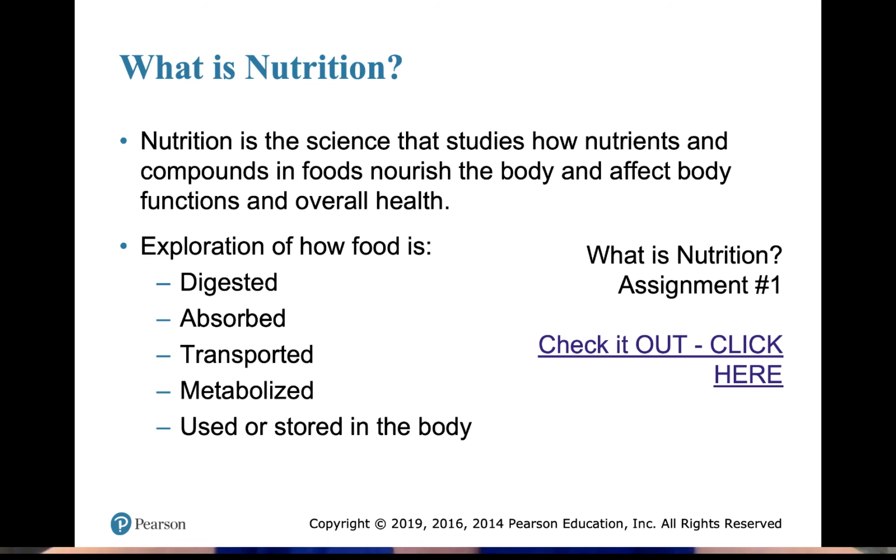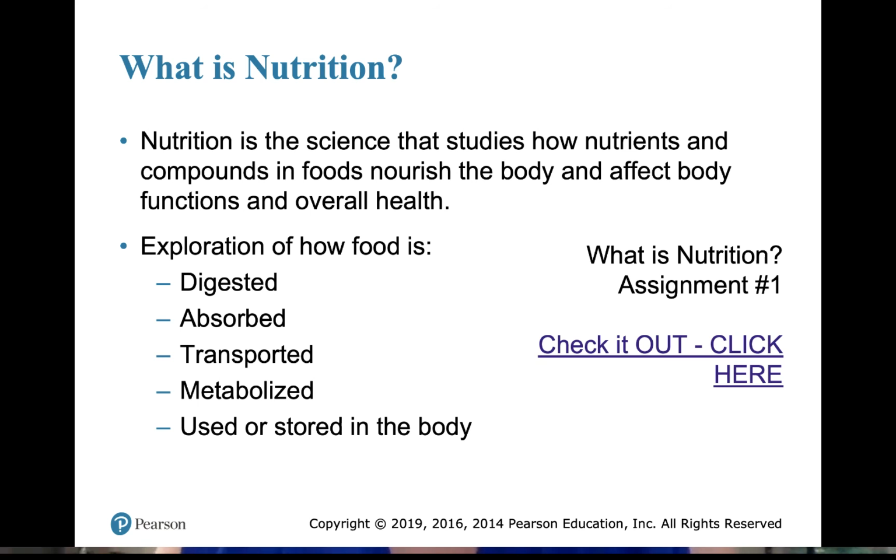Okay, now we've talked a little bit about health, and you've heard me use the words dietetics and nutrition and dietitian. So what is nutrition? And that's part of what the beginning of the chapter focuses on. And so what we look at here is nutrition as a science, okay? And this is a science-based field. And what we're looking at is how nutrients can nourish our body and what they do as a functional part.